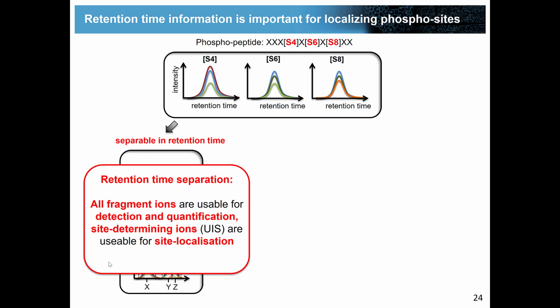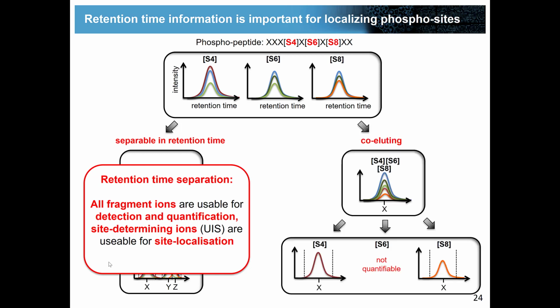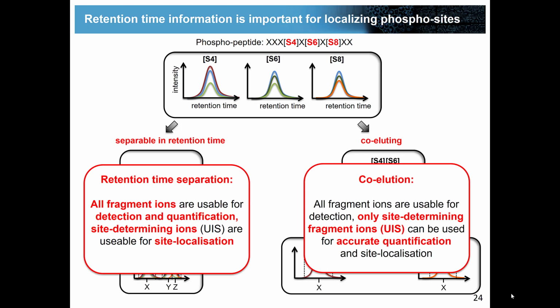However, in the moment when peaks are coeluting, when they are no longer separable in retention time, then the situation is different, because if you now want to do accurate quantification of just one form next to all the others, you can only use the unique ion signature signals to do that. So it's no longer possible to use all the transitions for quantification. You must be sure you use only the transitions that are not shared.